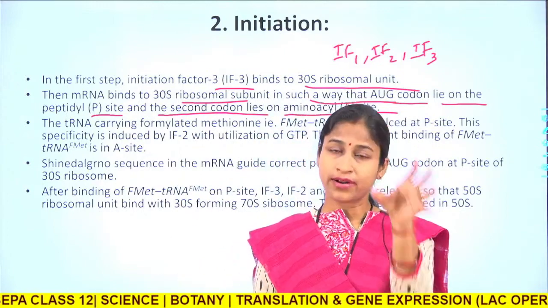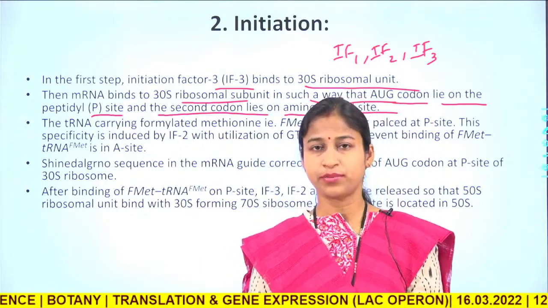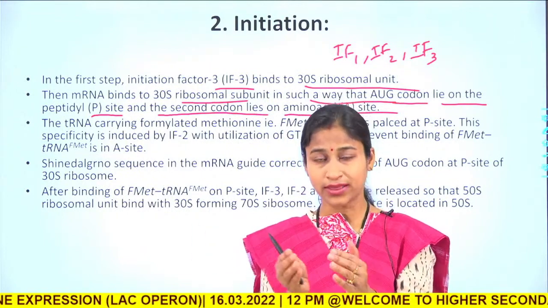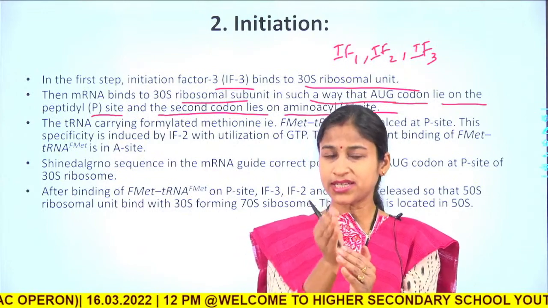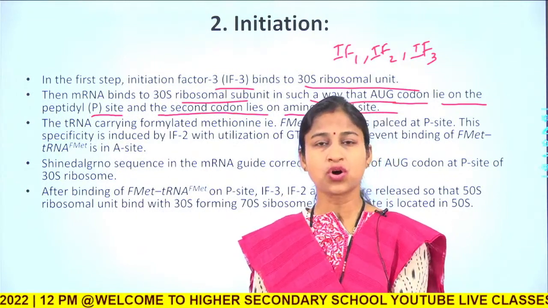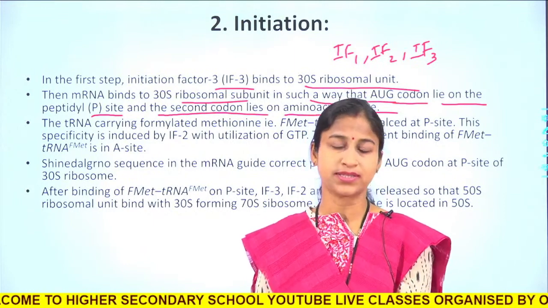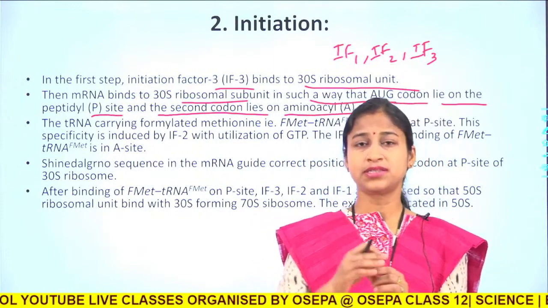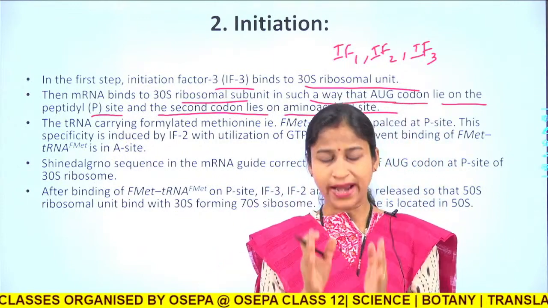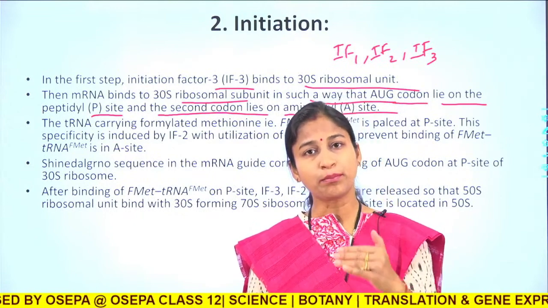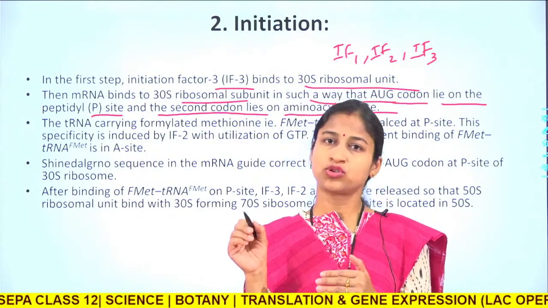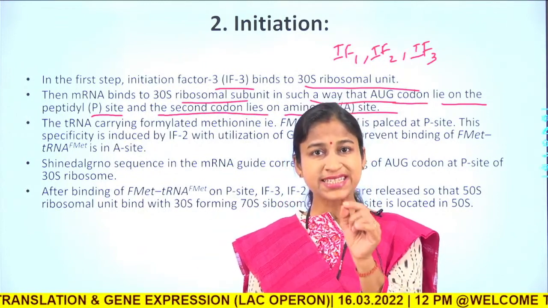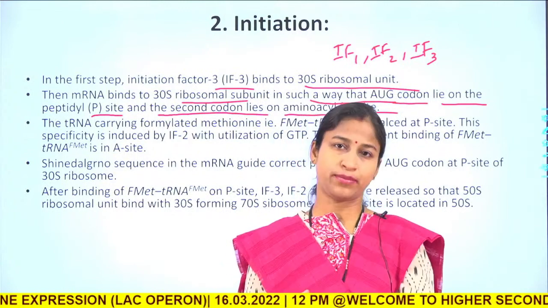Then the smaller ribosomal subunit, that is the 30S, binds to the mRNA not at any position it likes, but to a sequence present just before the initiation codon, which is called the Shine-Dalgarno sequence. The Shine-Dalgarno sequence is complementary to a small portion of the 16S rRNA present in the 30S ribosomal subunit.